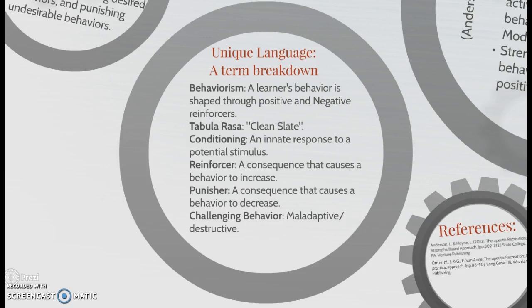Conditioning is an innate response to a potential stimulus. A reinforcer is a consequence that causes a behavior to increase. And then a punisher is a consequence that causes a behavior to decrease.